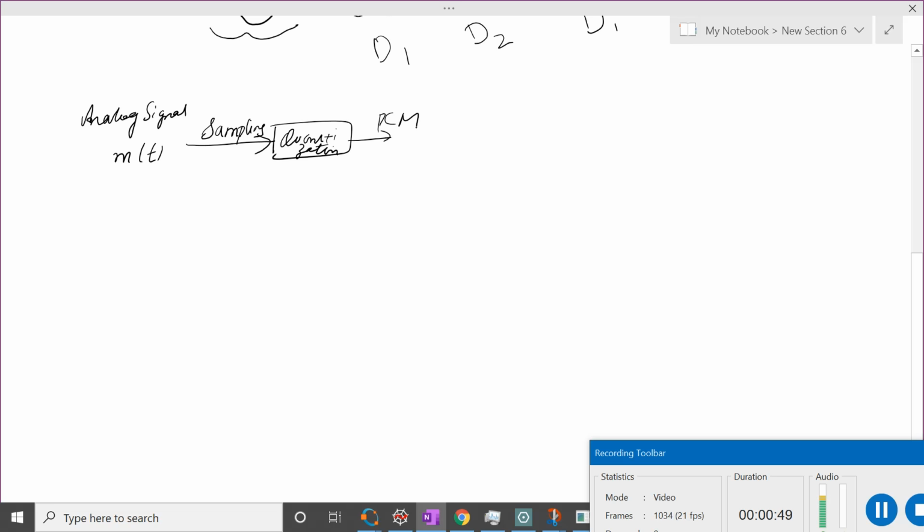After that you use it to do line coding and modulation. But here after PCM, immediately we have this channel coding, right? It is at this point that we are adding these extra bits so we can recover the errors.